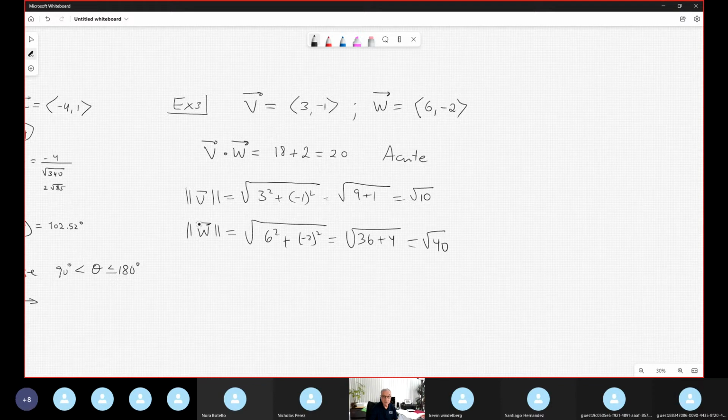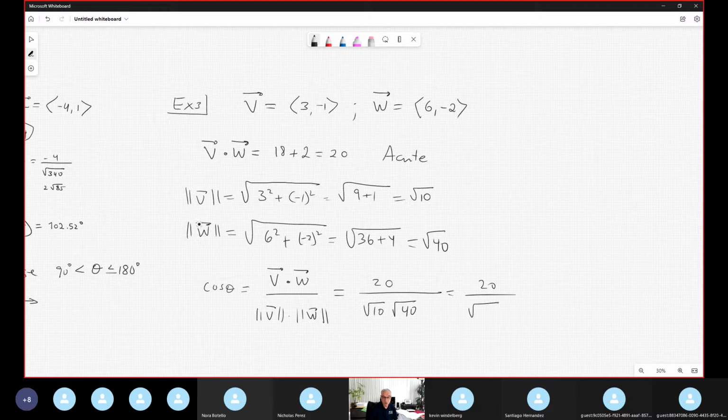Okay, let's do it. The formula for cosine theta is the dot product, in this case B dot W, which was 20, divided by the magnitude of B multiplied by the magnitude of W. This is 20, computed before, and this is radical 10, and this is radical 40. Radical 40 and radical 10 together is radical 400. The square root of 400 is 20.